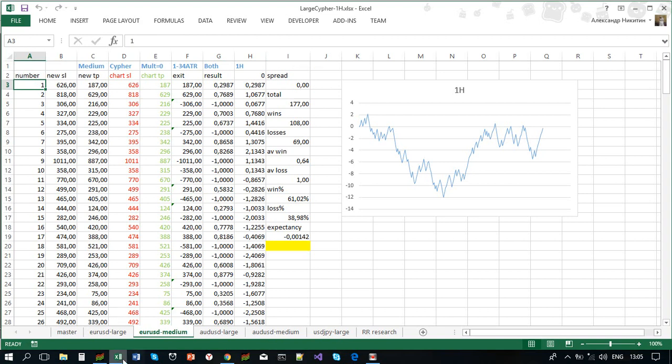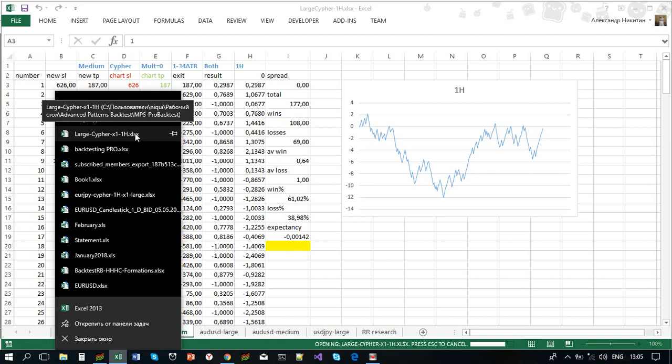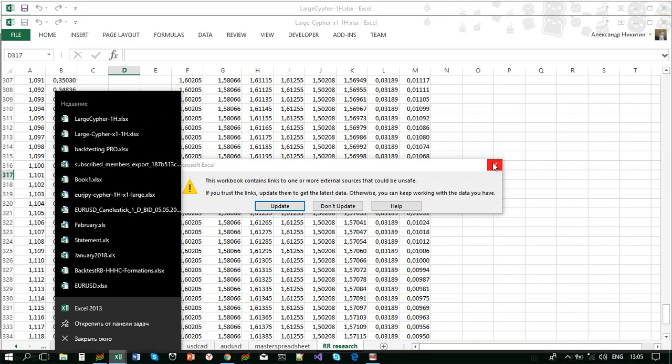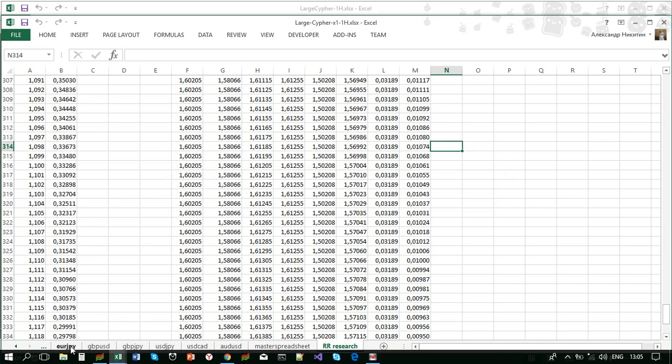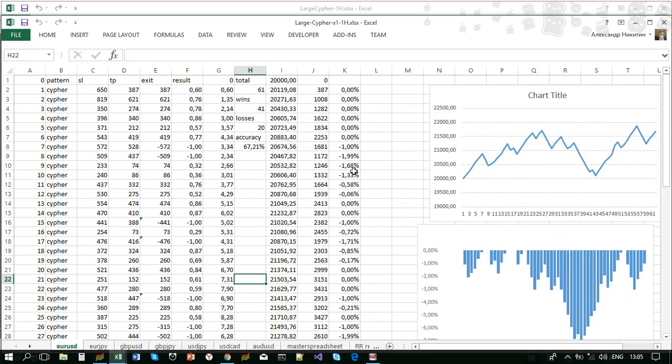And if we go to my other Excel spreadsheet, the large cipher 1 hour multiply 1 and so on. Okay, here it is, and you will find it here: euro dollar, pound yen, euro dollar, euro yen, pound dollar, pound yen. Look at this accuracy.